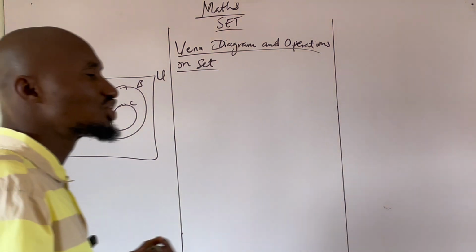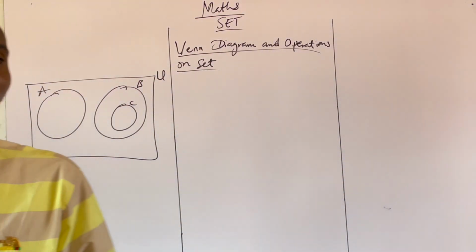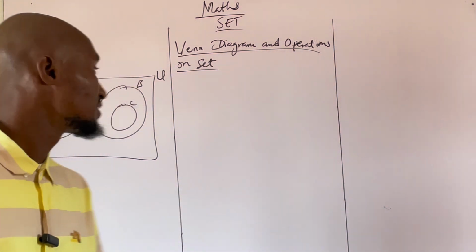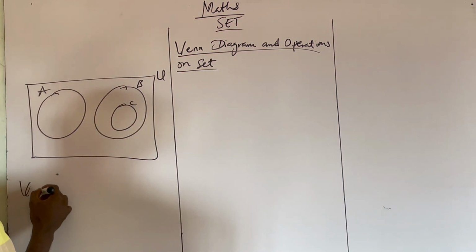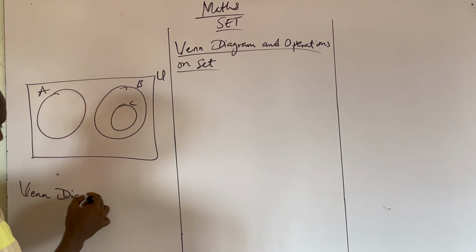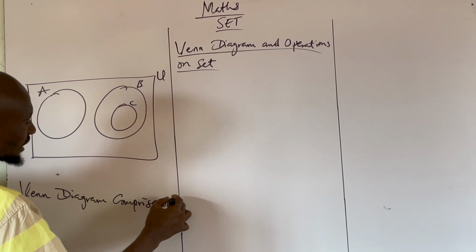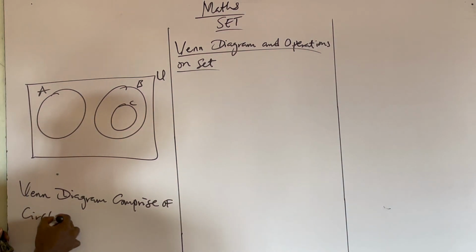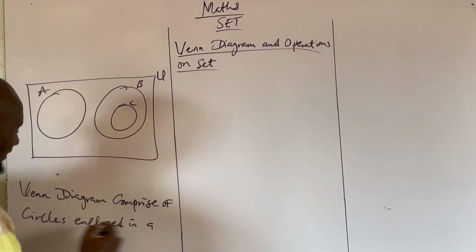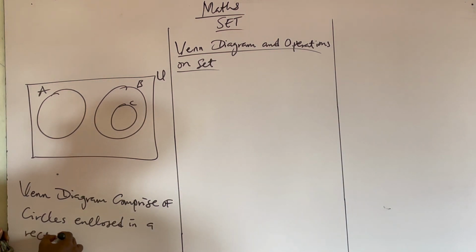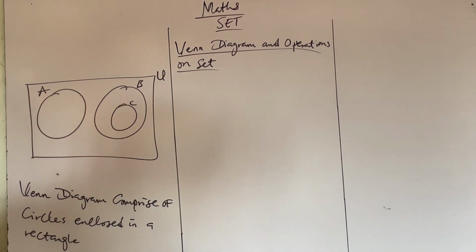So anytime you hear Venn diagram, just know that a Venn diagram comprises circles enclosed in a rectangle. Did you understand now?